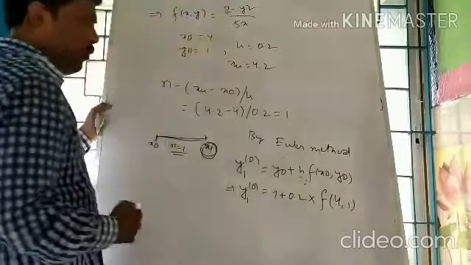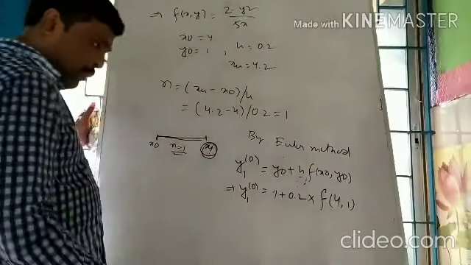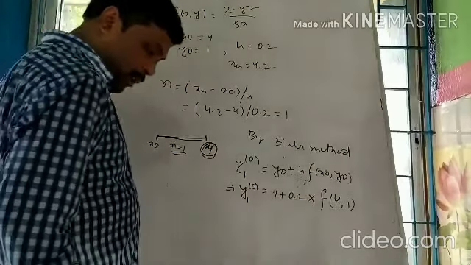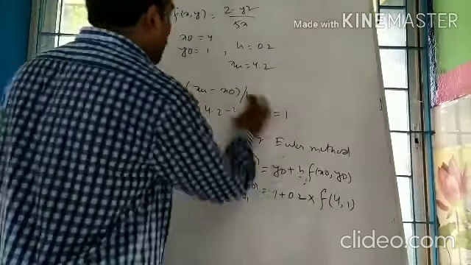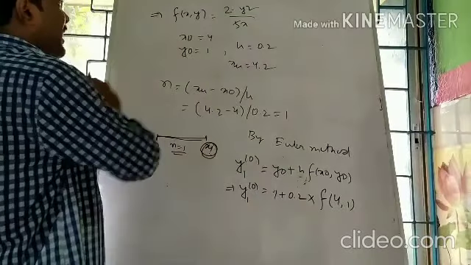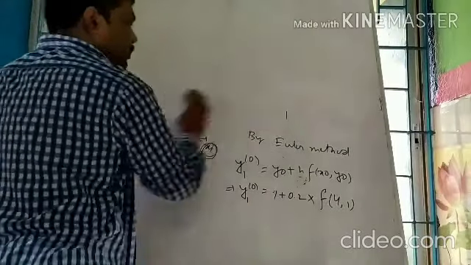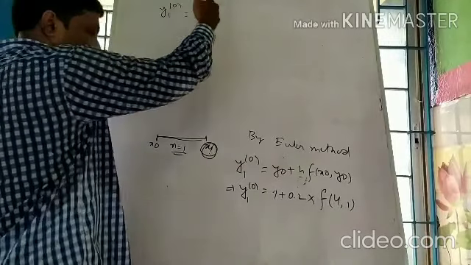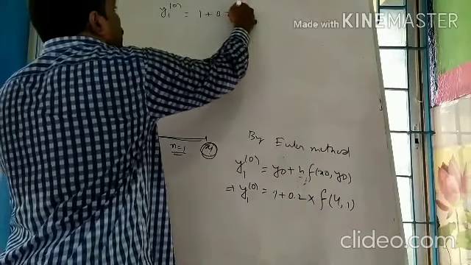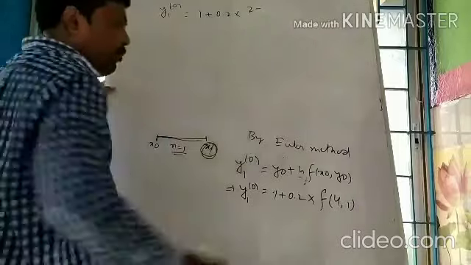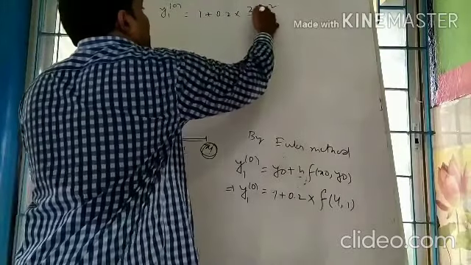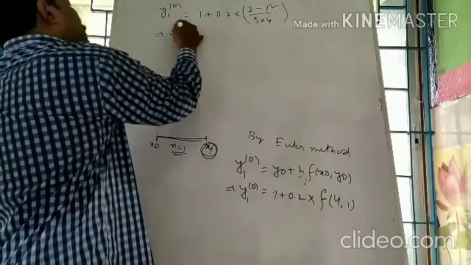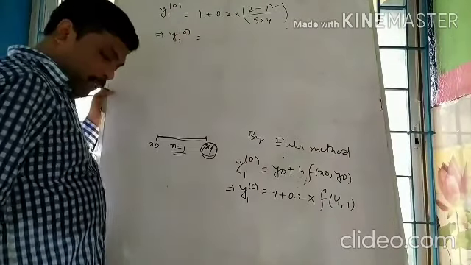So y10 is 1 plus 0.2 into f of 4 comma 1, that is 2 minus y square by 5 into x. Okay, so y10, just simplify, this is 1.01.